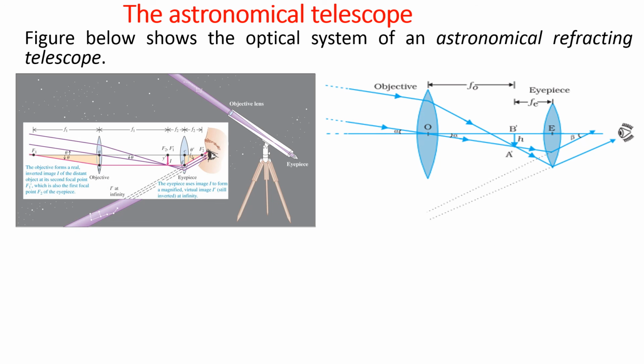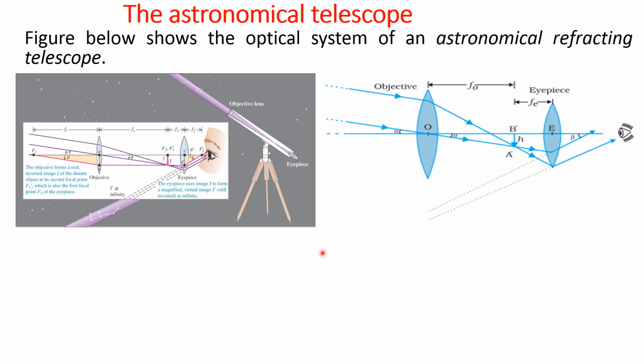The fifth one is an astronomical telescope. An astronomical telescope also consists of two converging lenses, an objective and an eyepiece. In order to observe objects at infinity, meaning very far objects, the objective must have a larger focal distance compared to the focal distance of the eyepiece.